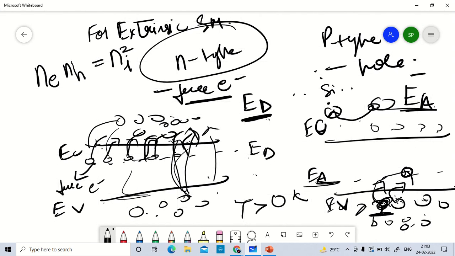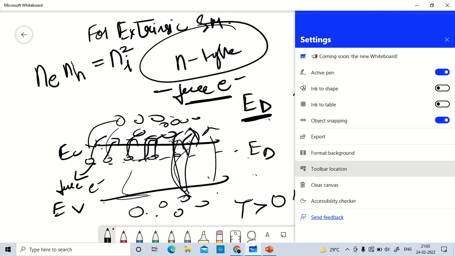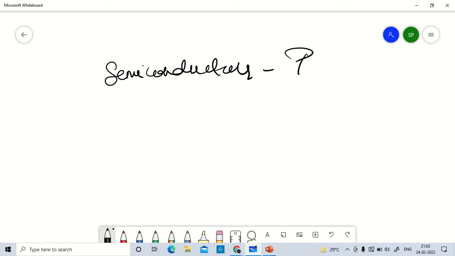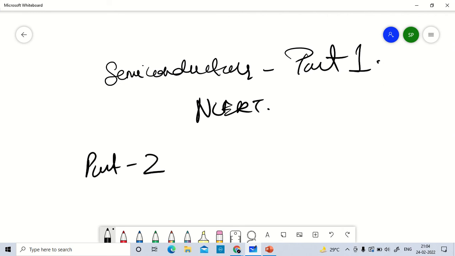So this is part 1, and part 2 of semiconductors I'll upload. Semiconductors part 1, NCERT. Part 2 we will start from the PN junction diode.